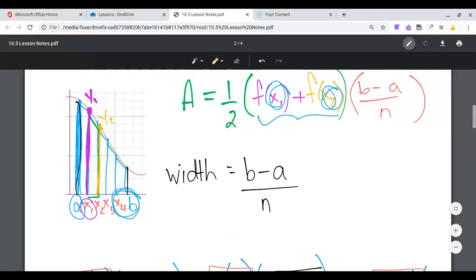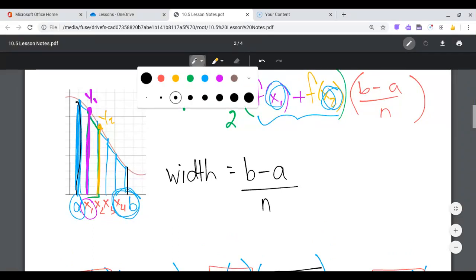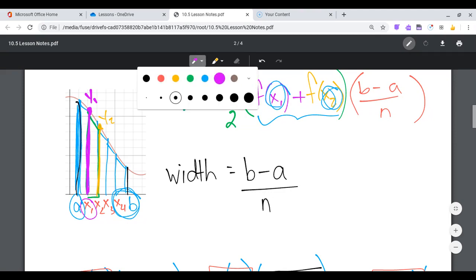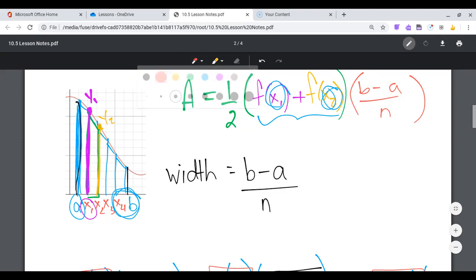But when I look at trapezoid number 1 and trapezoid number 2, they share this purple side. Okay, so that's why there's 2 of them. And then when I look at trapezoids 4 and 5, they share this common side right here. Okay, so both trapezoid 4 and trapezoid 5 need to use f of x4.